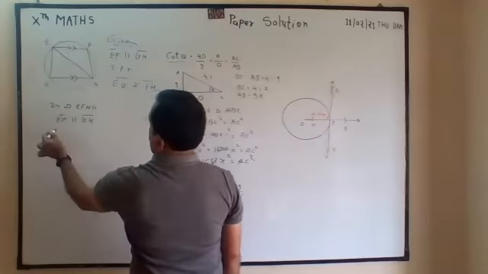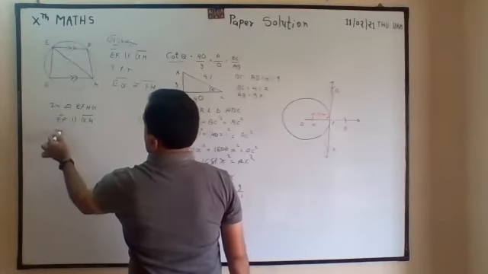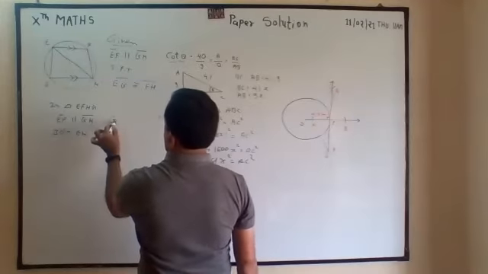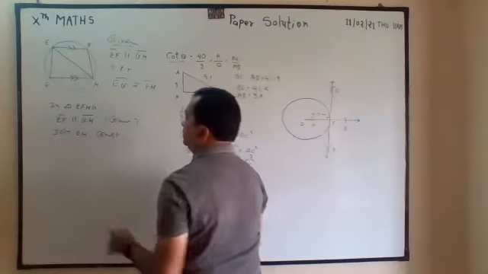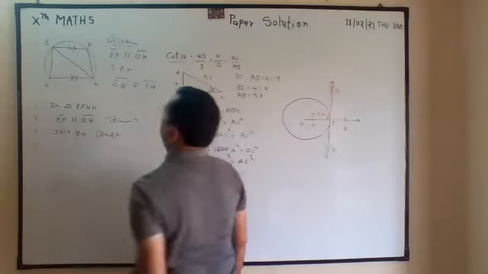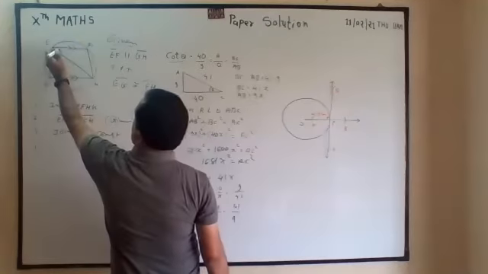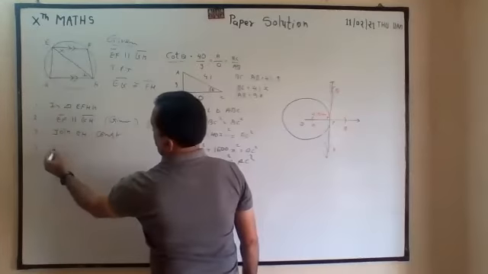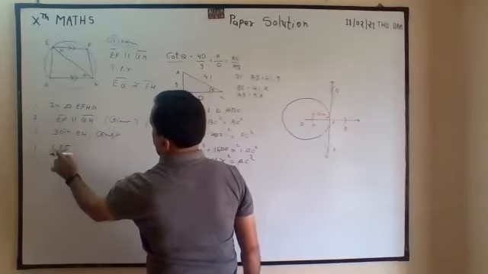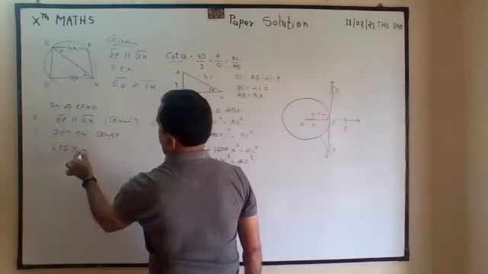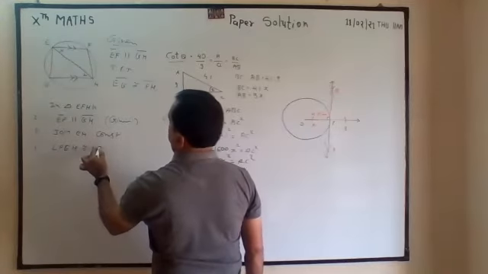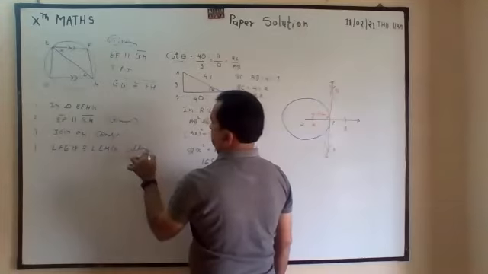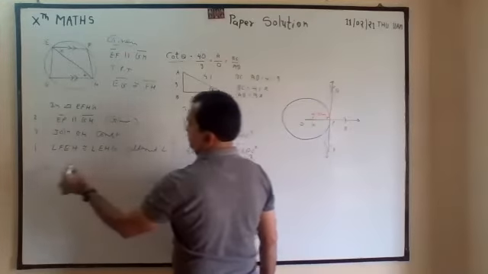This is the construction: join EH. Now, if these are parallel, then these angles are equal. Z shape. So angle FEH is congruent to angle EHG, alternate angles.